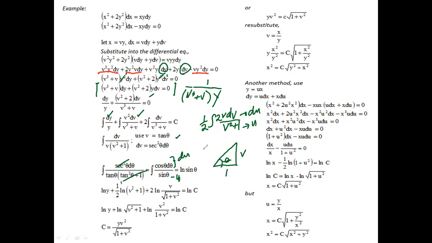Your hypotenuse is then the square root of v squared plus 1. And since we answered here an ln of the sine of theta, that's equivalent to, I'll place it here, ln. What is sine? Opposite over the hypotenuse. So it's v over the square root of v squared plus 1.